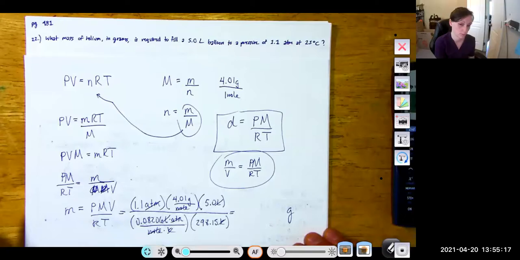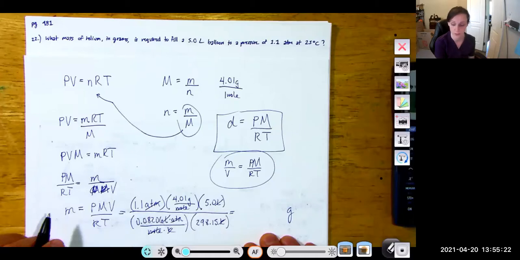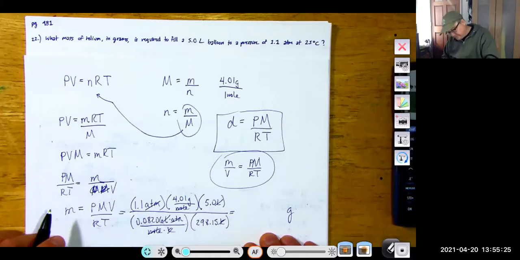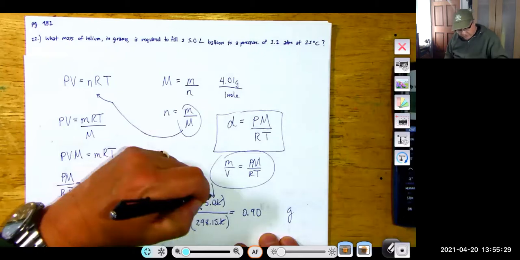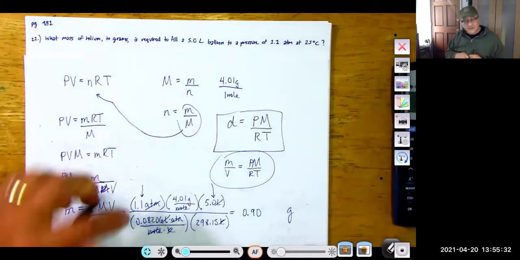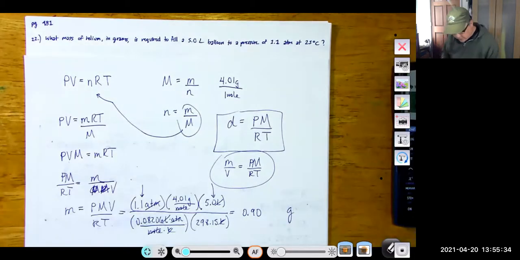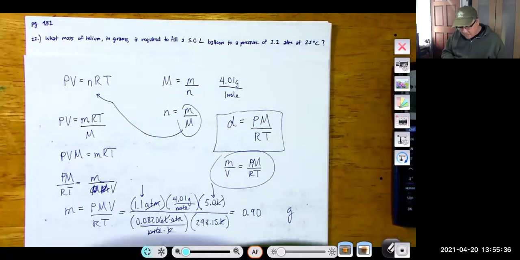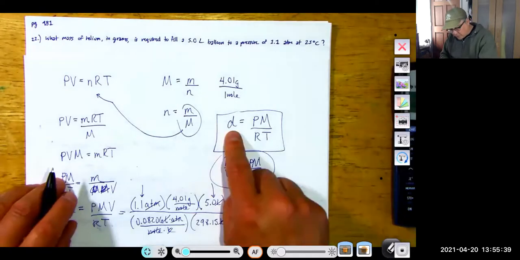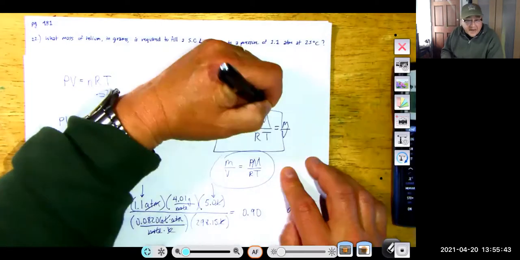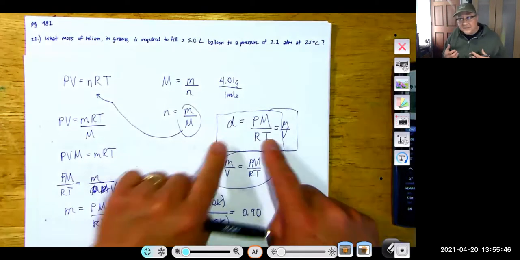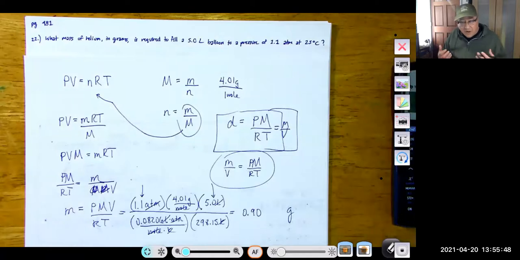And guess what number we're going to get when we put all these together? 0.90. And here it's real easy to see I only get two sig figs because of those two numbers, correct? So this is a nice formula to have, where I might actually have it written out this way and include that m over V, because sometimes it doesn't hit you that density is mass over volume.